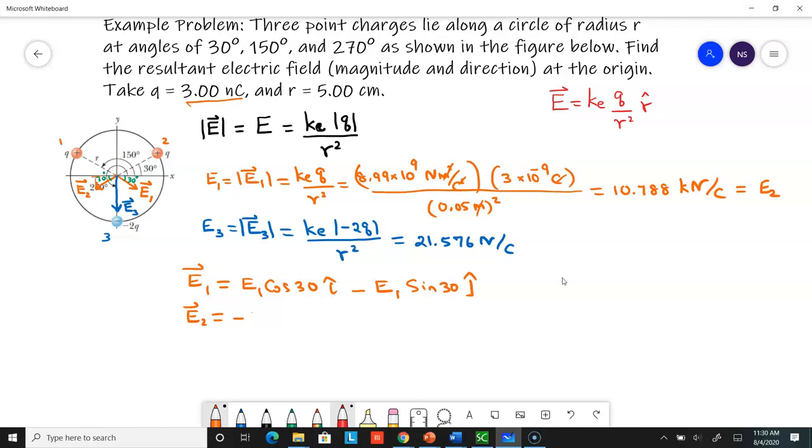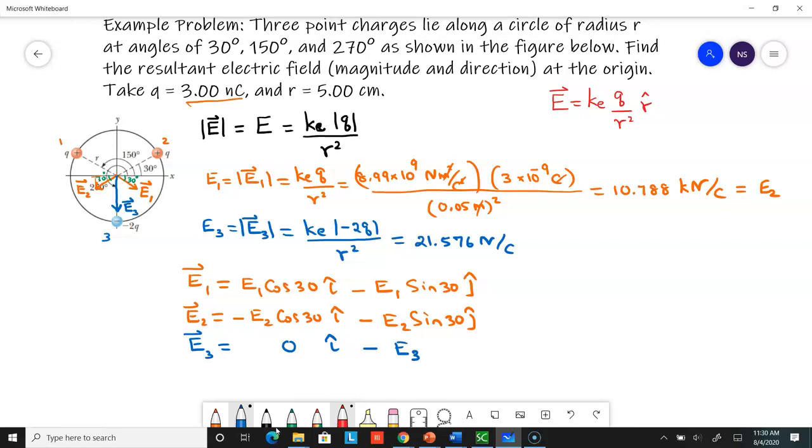So it's got a negative E2 cosine 30 i, negative E2 sine 30 j. And your E3 is going to be nothing in the x direction, completely in the y direction, so it's a minus E3 j.